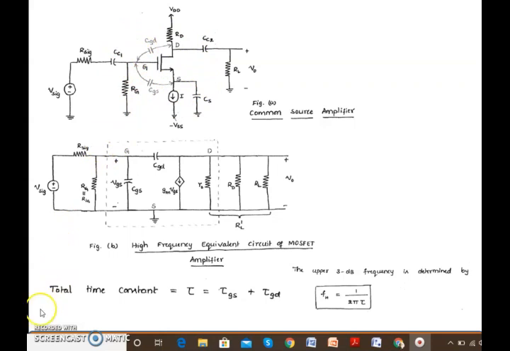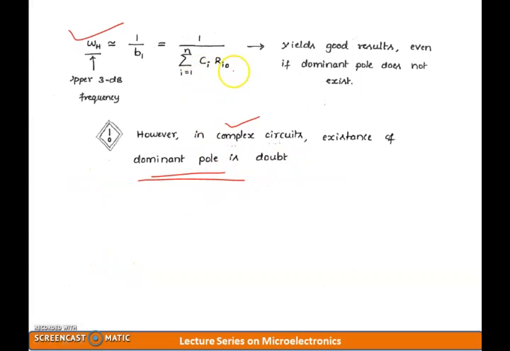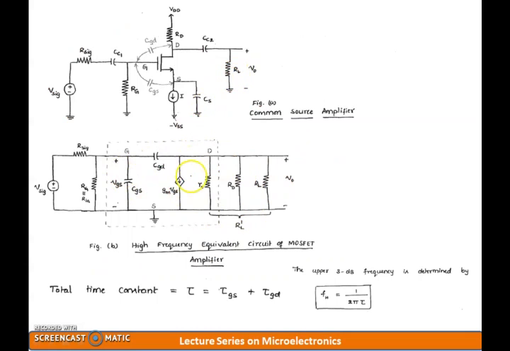Once I have those capacitances, I try to obtain the high frequency equivalent circuit model including all of them. To determine the RC time constants of the different capacitances and resistances, I need to choose the individual capacitances and open up the other capacitances, and the same procedure should be repeated for the other capacitance also.